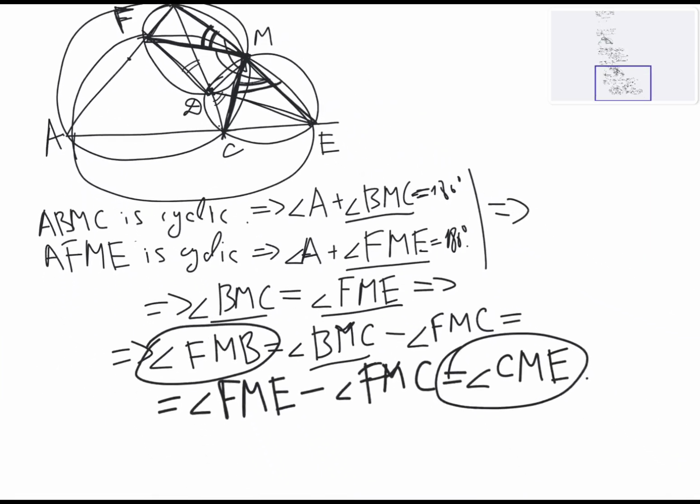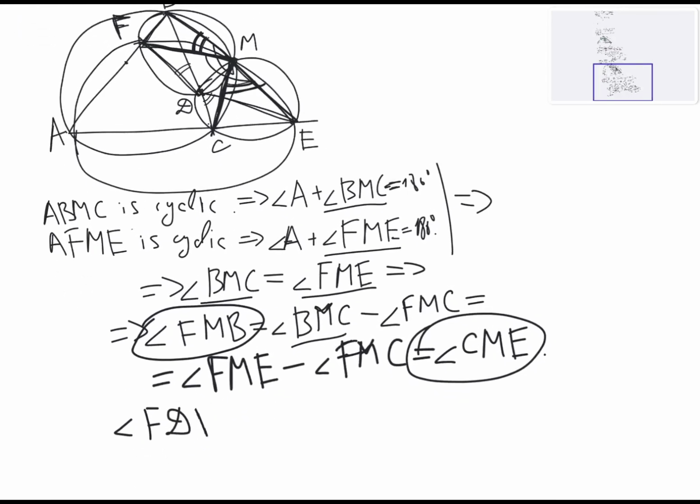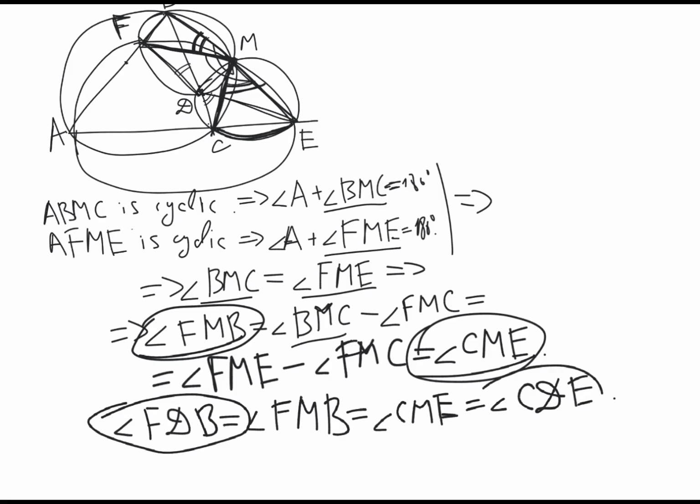So we write that the angle FDB is equal to the angle FMB, which is equal, just as we proved, to the angle CME, which is equal to the angle CDE, because they subtend the same arc CE in this circle. So in total we have FDB is equal to CDE.